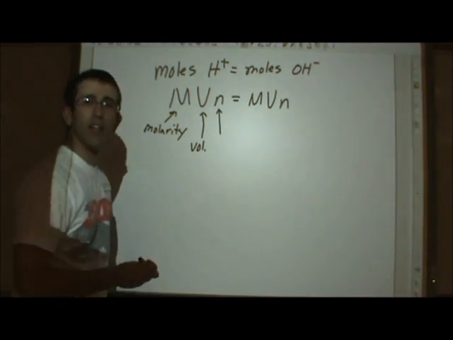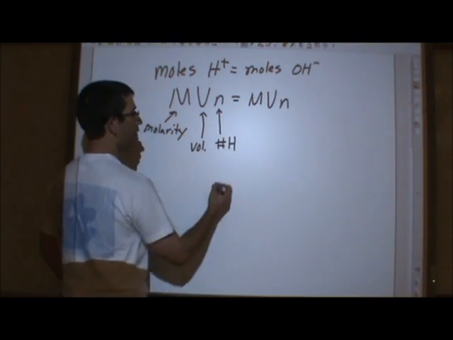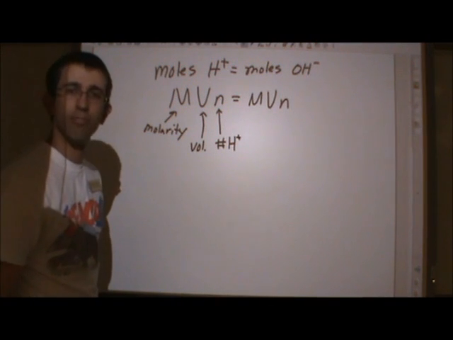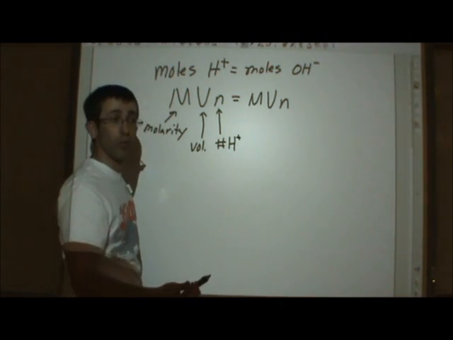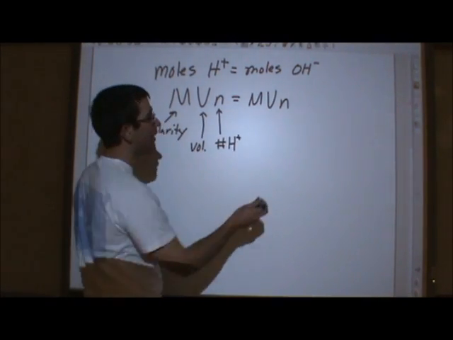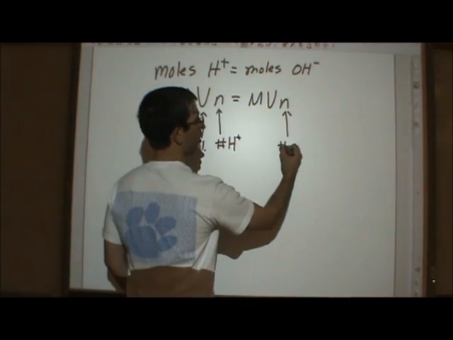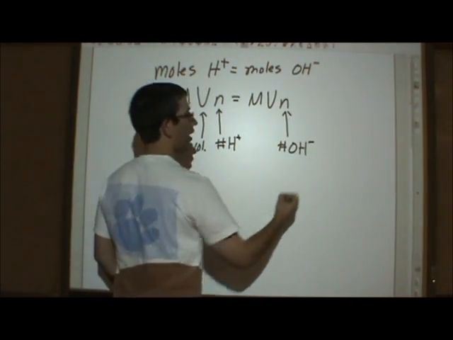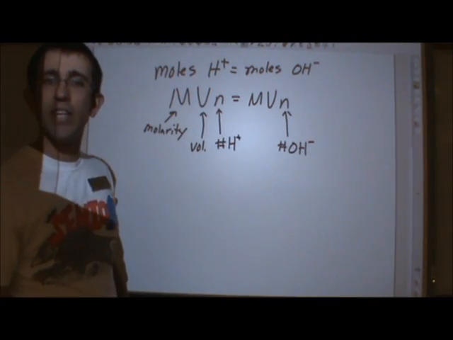And the N right here is going to be the number of hydrogen ions. This side here, molarity, this is still molarity, but this time it's of the base, volume of the base, and then our N here is going to be the number of hydroxide ions. Okay, so MVN equals MVN.